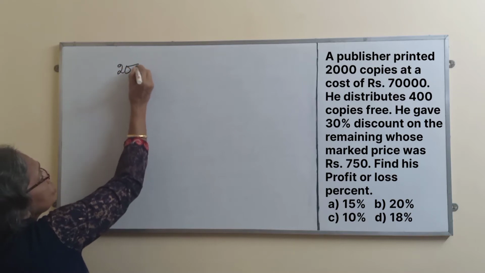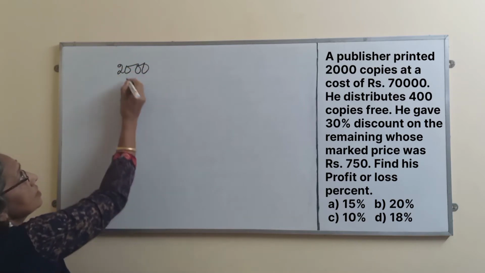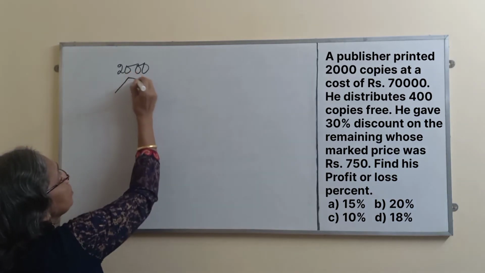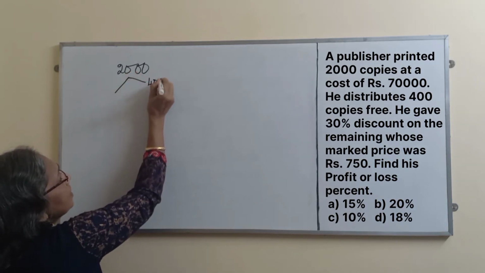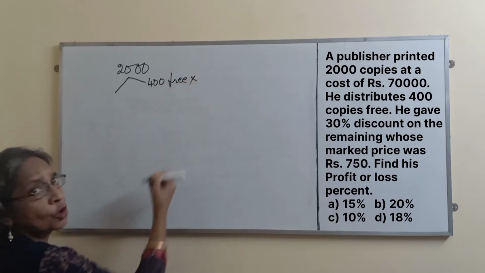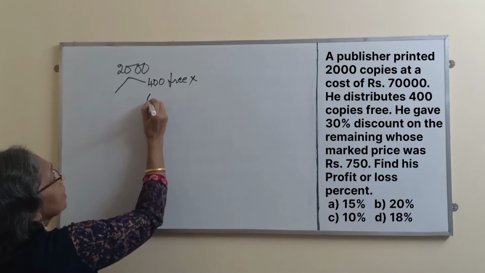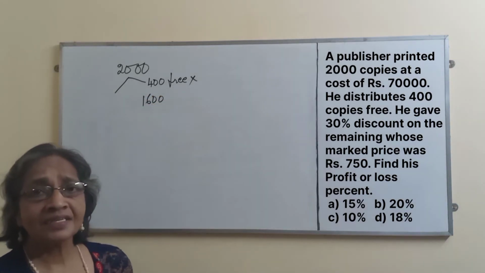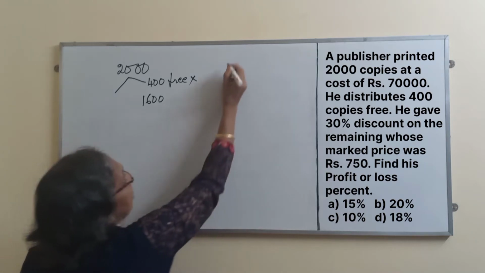He has got 2,000 copies. Out of the 2,000 copies, 400 he gives free. So he gets nothing on it. The remaining 1,600 he sells at a 30% discount.